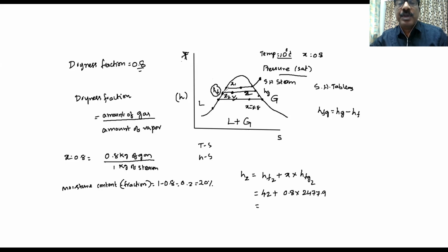But if you have a point somewhere in the superheated region, you need both values, pressure and temperature. So from the SH tables, you get the enthalpy by using the pressure and temperature values. For every pressure there will be different temperatures, and for every temperature different pressures. From these, you can find the enthalpy or entropy value.